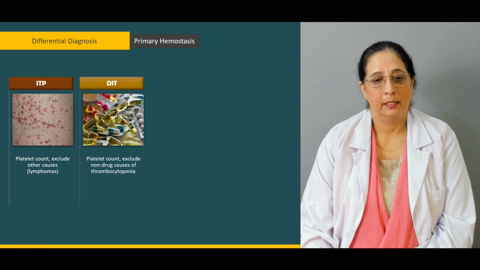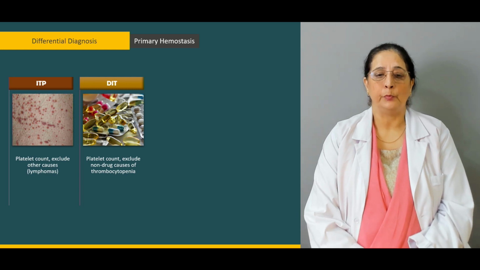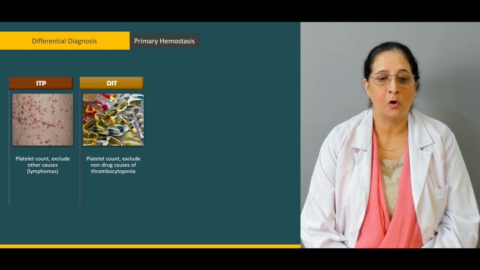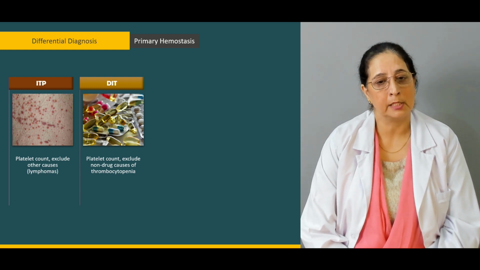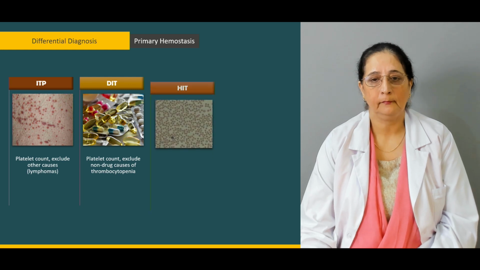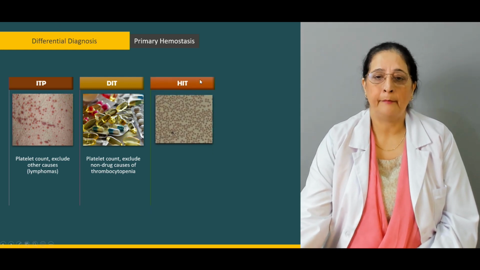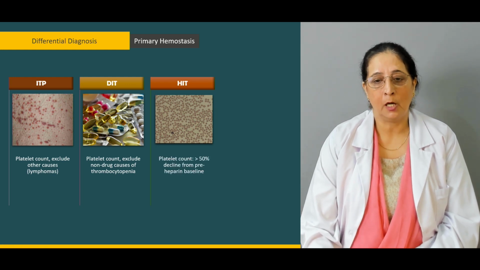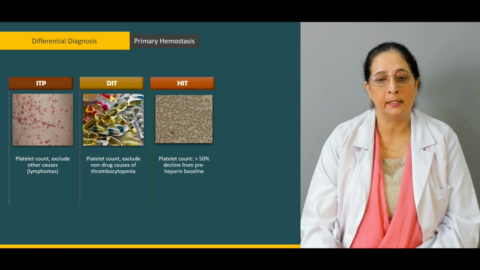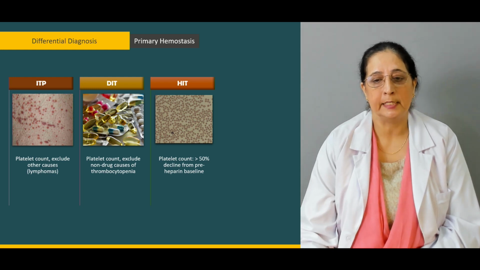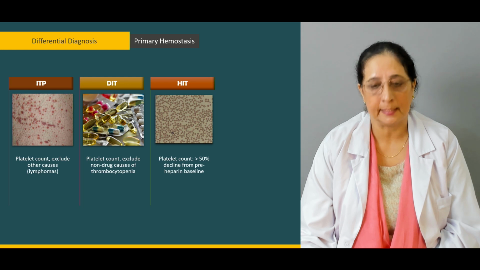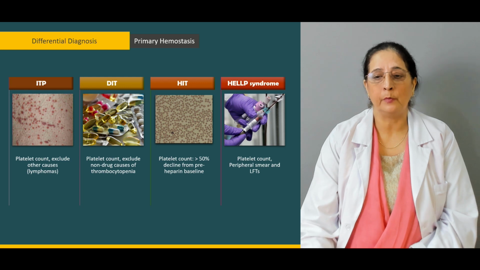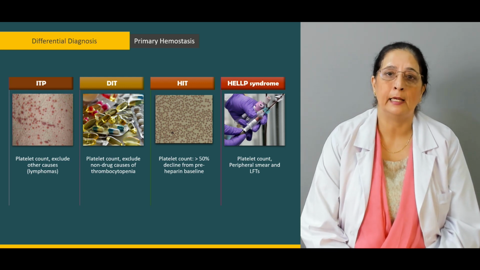DIT, drug-induced thrombocytopenia, and again platelet count, exclude non-drug causes of thrombocytopenia. And then we have heparin-induced thrombocytopenia. Platelet count, if there is more than 50% decline from pre-heparin baseline, that's important. HELLP syndrome, platelet count, peripheral smear, and LFTs.